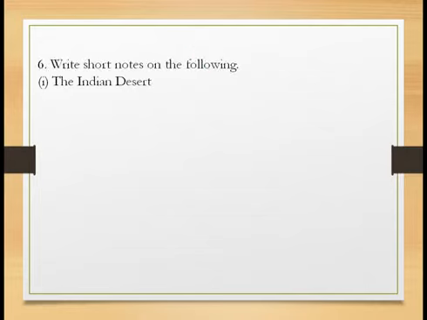Next, write a short note on the following. In this PT3 also I asked this question: write a short note on, or write the features of, the Great Indian Desert or Thar Desert. So how to write the points? The first point, the Great Indian Desert is also called the Thar Desert. You have to mention the high temperature, less rainfall, the largest river Luni and the vegetation, and you will get the 3 marks or 5 marks for that.